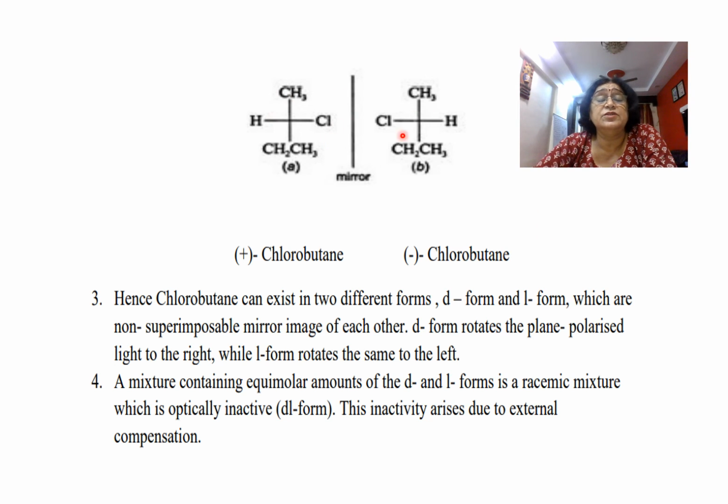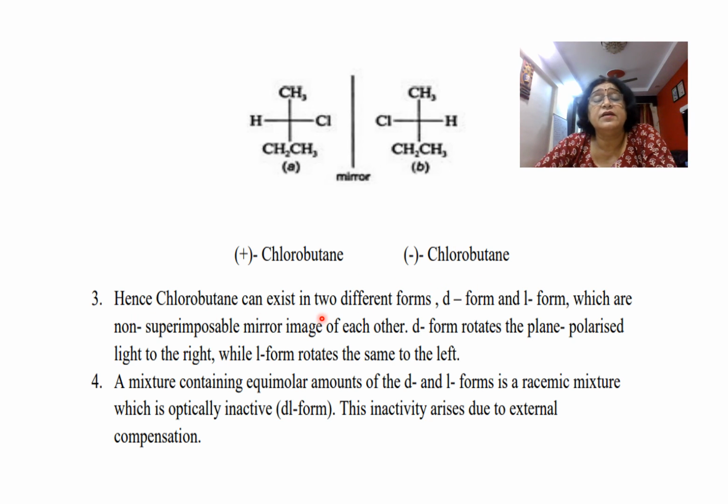And they are the mirror images of each other. So here you see this is the object and this is the mirror image. So what is differing in these two, object and mirror image? The position of H and Cl. So if you place B over A, it will form the non-superimposable mirror image. One of them is represented by plus chlorobutane, another one is represented by minus chlorobutane.